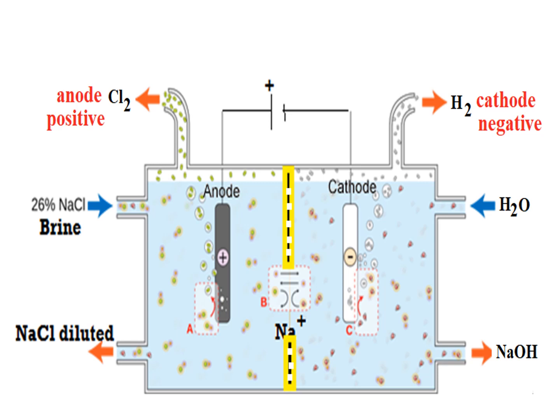Also note that the container is divided into two compartments, and that the compartments are separated by something that is called a membrane. This membrane is selectively permeable, and it will only allow the spectator cations, the Na+ ions, to travel through. Please note that there are 2 inlets and 4 outlets.